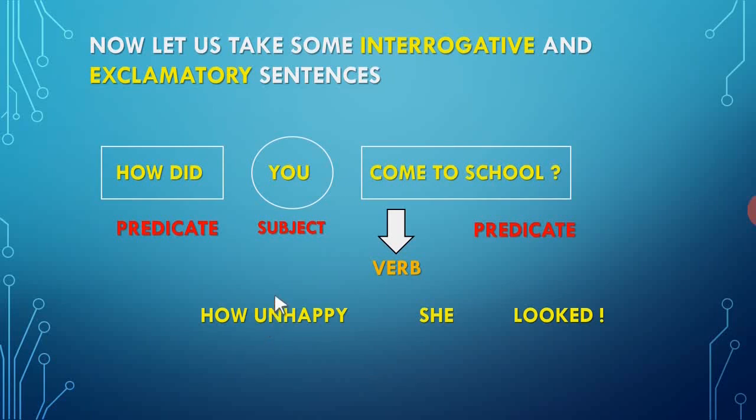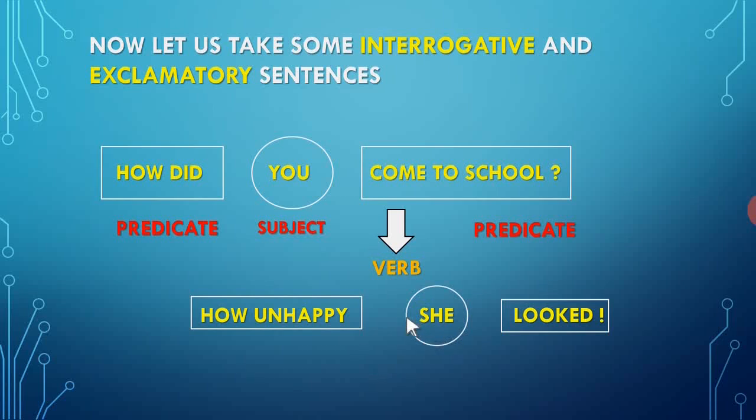That she is looking very unhappy. This is an exclamation mark. So the subject comes in the middle. This becomes the predicate and this becomes the predicate. And she is the subject about whom we are talking in this sentence.